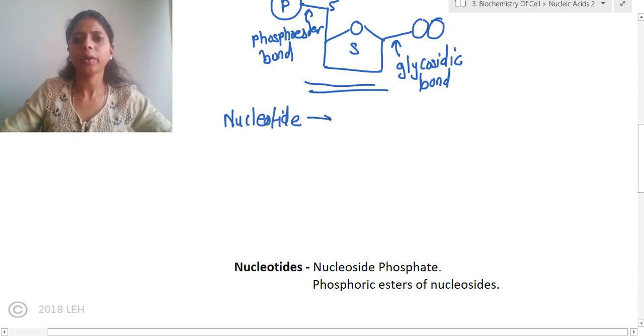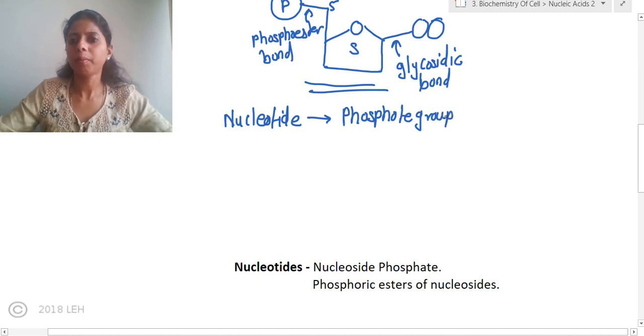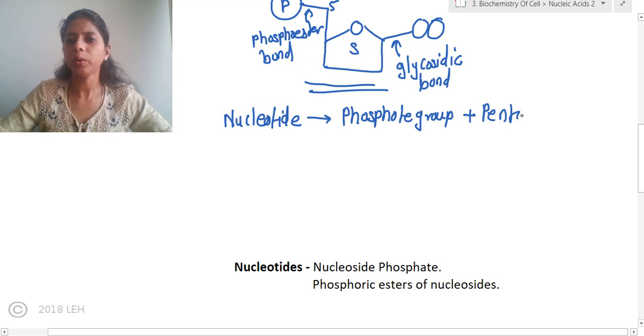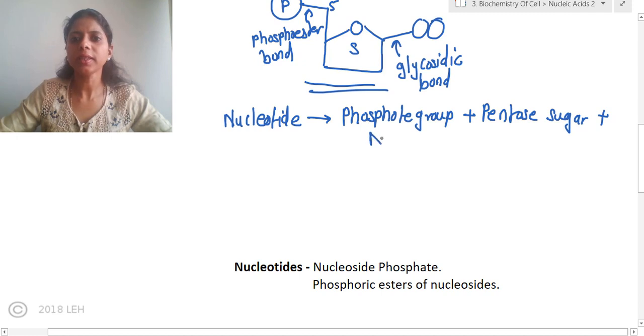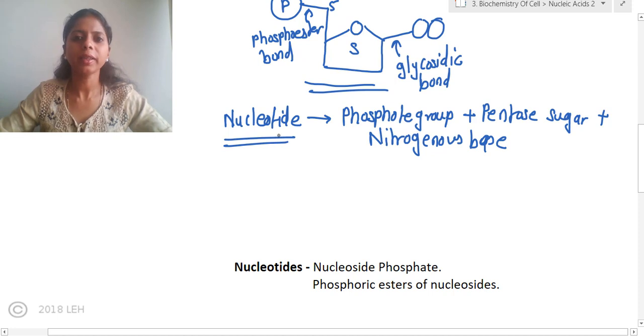Nucleotide is phosphate group, plus the second component, pentose sugar, plus the third component, nitrogenous base. Got it clear? Three components of a nucleotide. Clear about it? Okay.